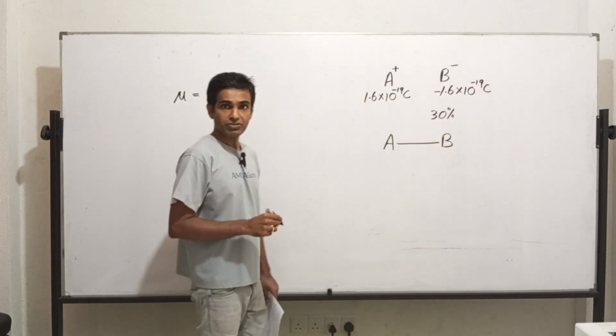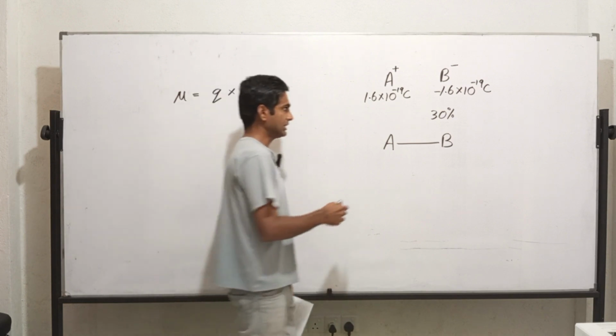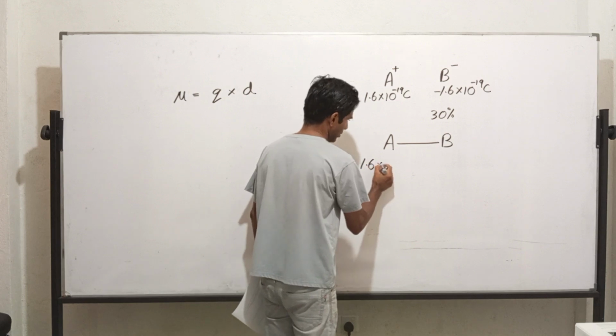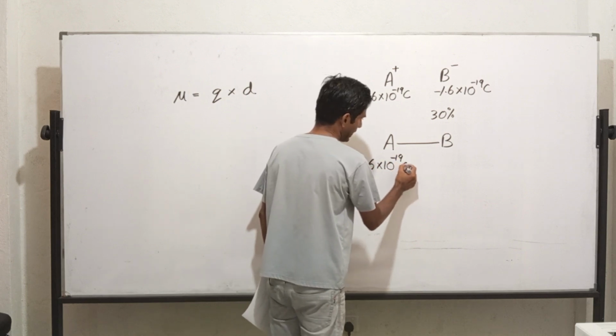So what is the meaning of 30% ionic nature? The charge on one pole is 30% from that value.